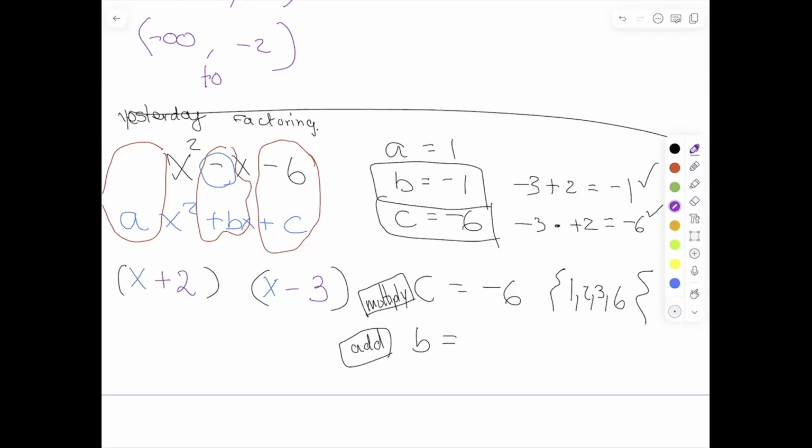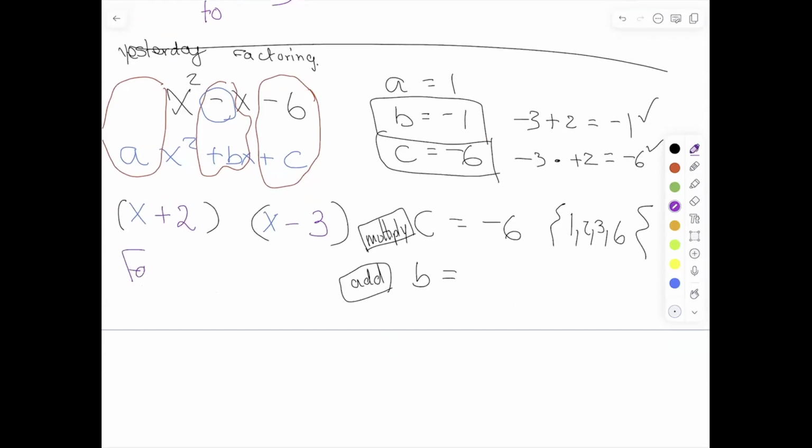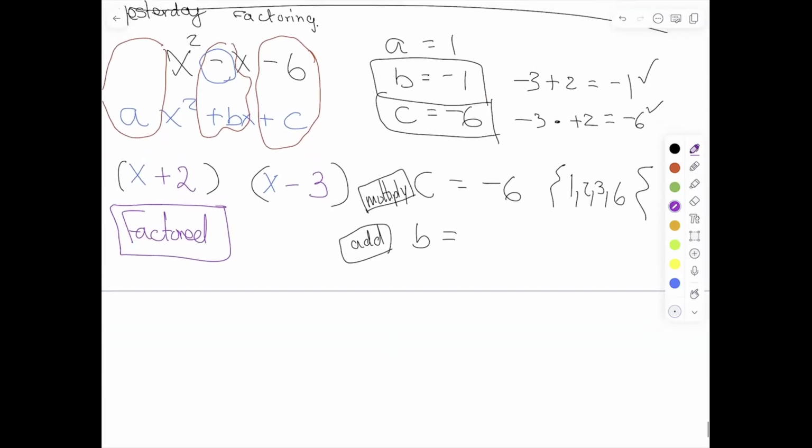I just factored, correct? Do you see that? We did factoring. Now, factoring is different than solving.